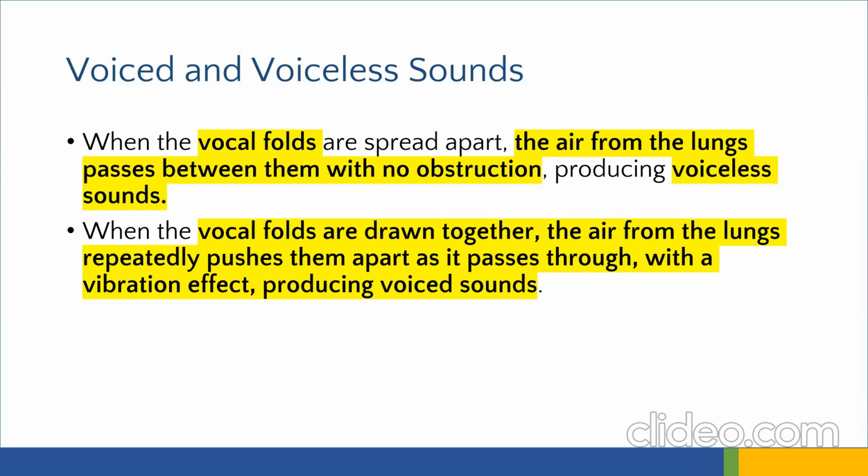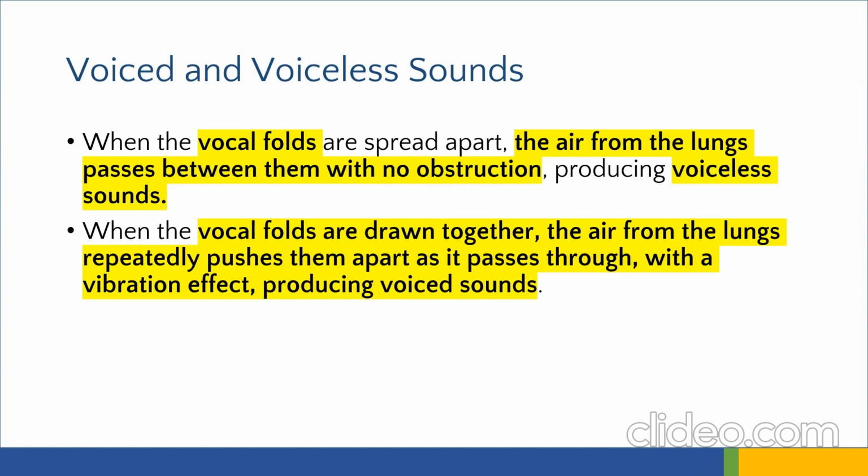It starts with the lungs, with air pushed out through the trachea, or windpipe, to the larynx. In your larynx, you have your vocal folds, also called vocal cords, with two primary positions.